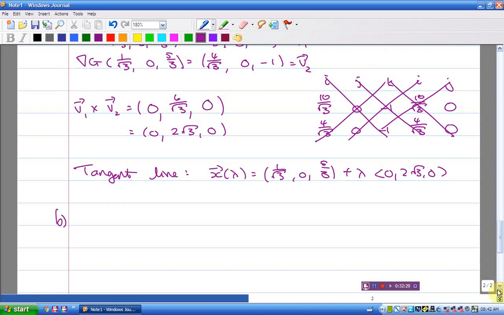Method B is using parametric equations, which is a fairly vague instruction, but I know what they mean. They mean 5x squared plus 8y squared equals, let me make z the subject, 2x squared plus 3y squared plus 1. So let's tidy that up. That'll be 3x squared plus 5y squared equals 1.